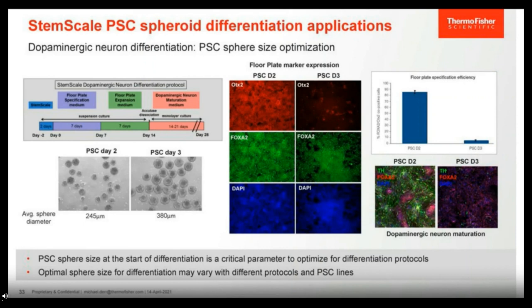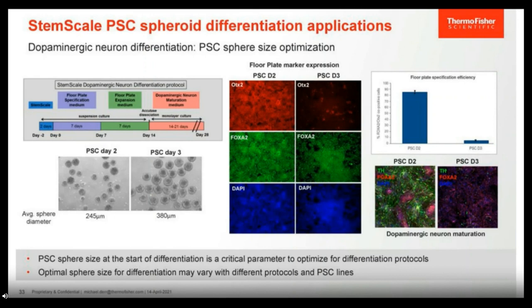And what we found is that the larger spheroids resulted in significantly lower specification efficiency, as can be seen with the decreased OTX2 expression in the ICC images in the middle. And then it's also quantified on the right.